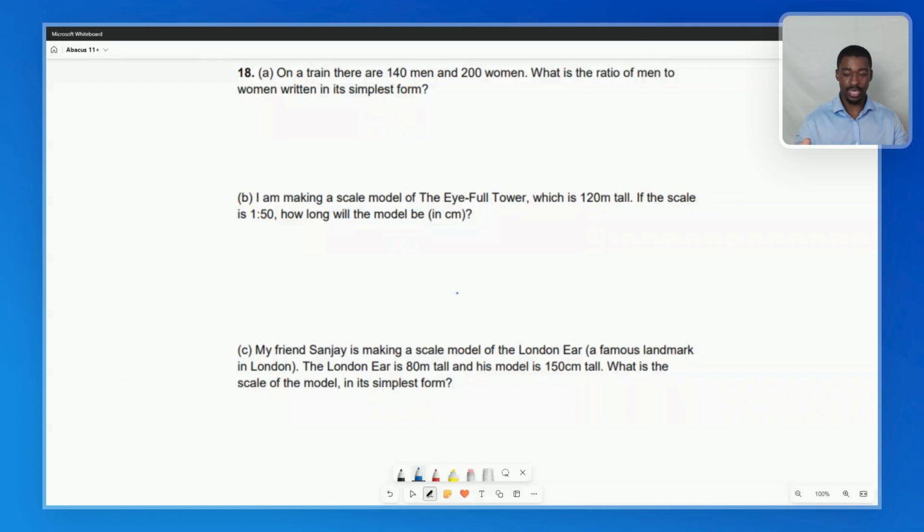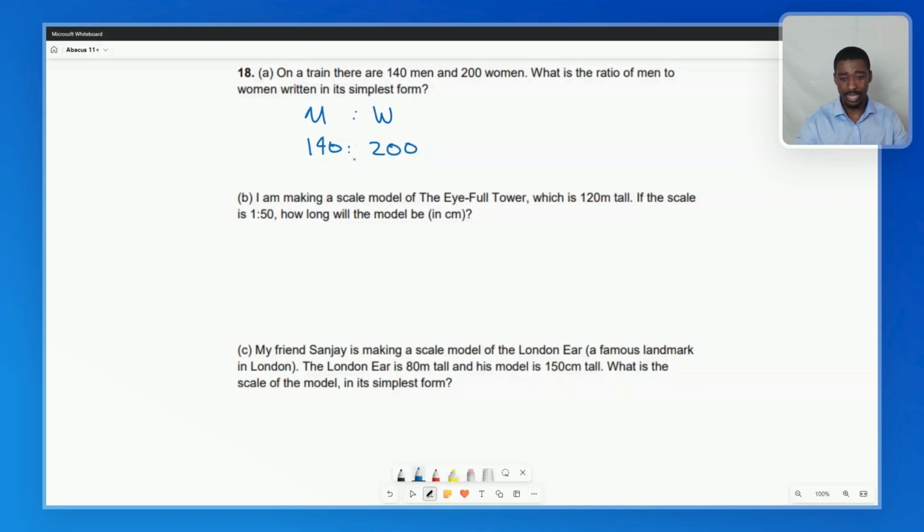Okay, so here for this next question, part A, we're told on a train there are 140 men and 200 women. What is the ratio of men to women written in its simplest form? So men we can call M, women we can call W. We have 140 to 200.